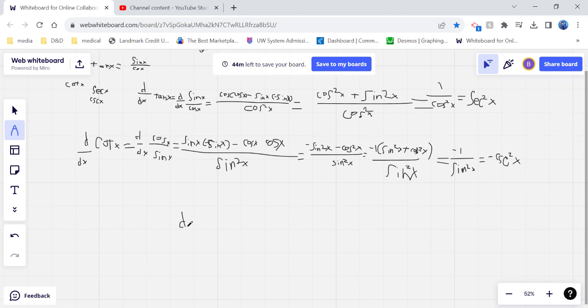So the derivative of cotangent x equals negative cosecant squared of x.